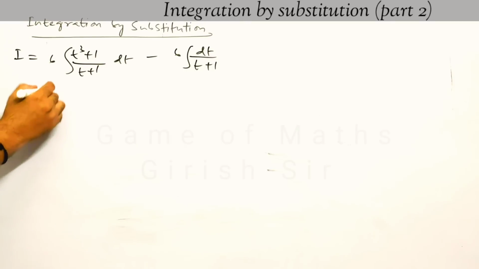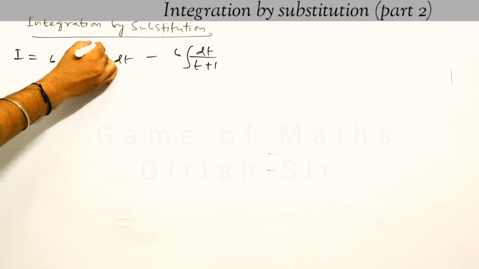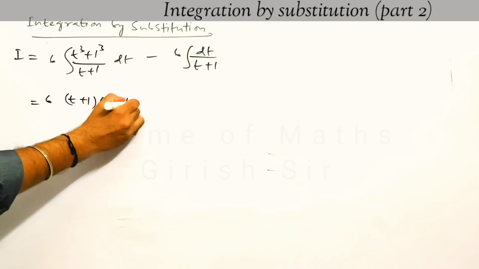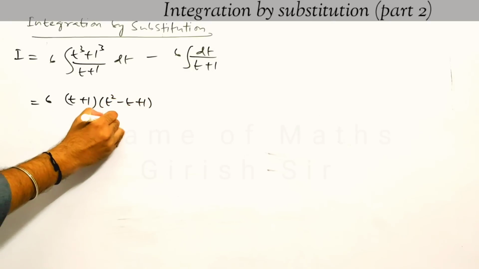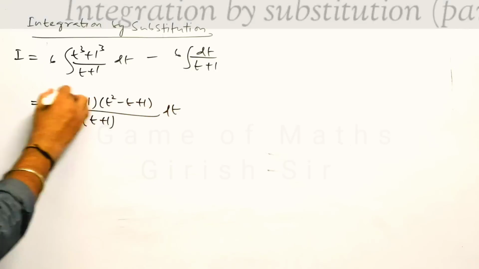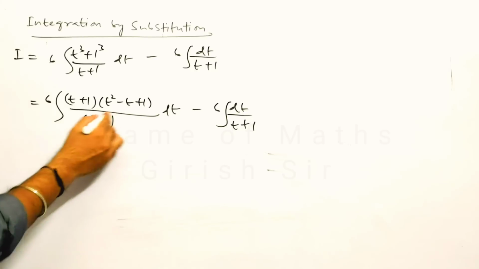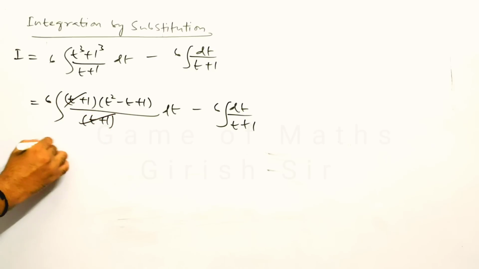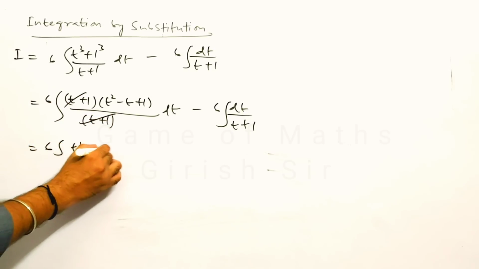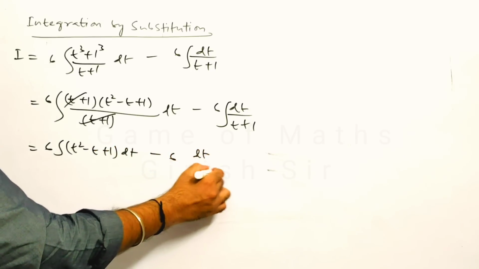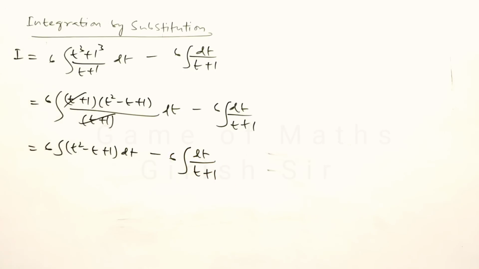Now you can use the formula for a cube plus b cube over here and write like this. So this is how the integral has reduced to a very simple expression.